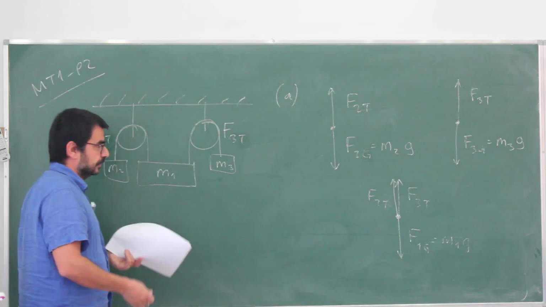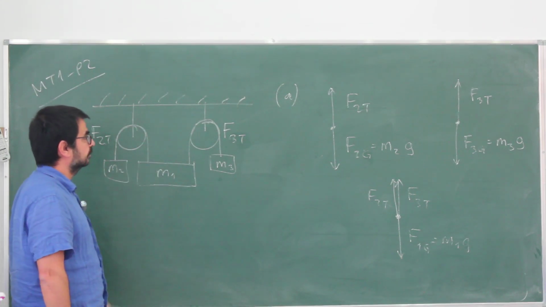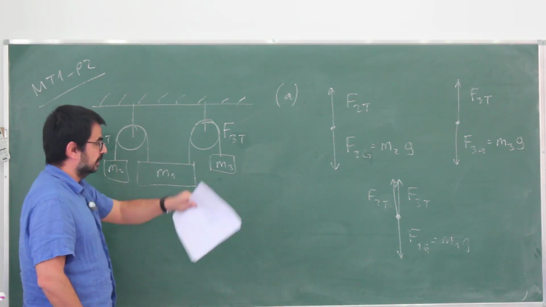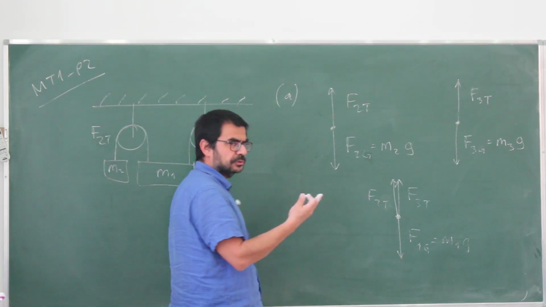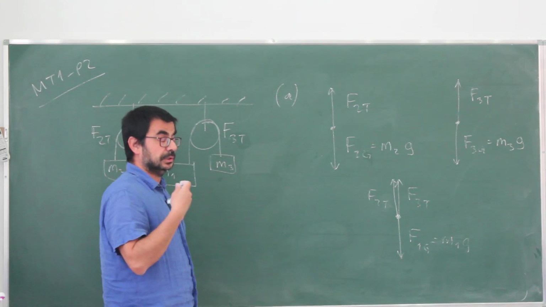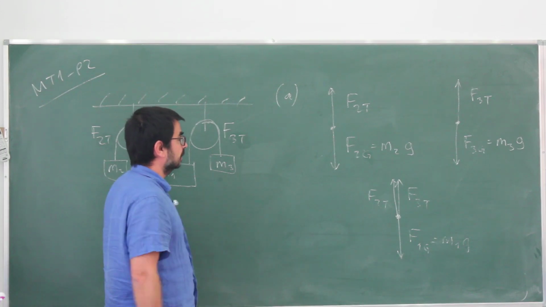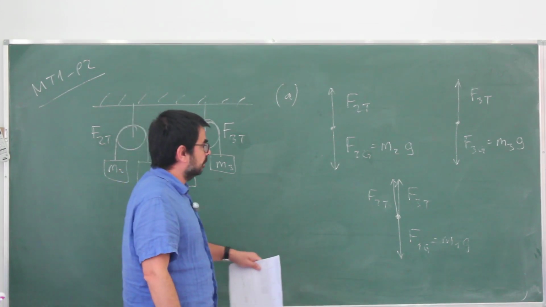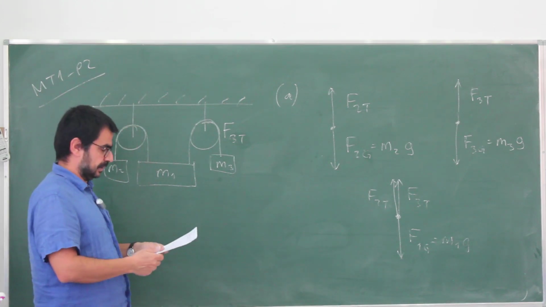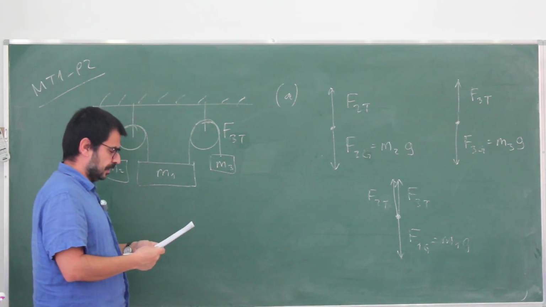I just drew it that way. Possibly one of these masses is larger than the other, so there is no symmetry between left and right. You should not pay any particular attention to their length, because you don't know anything about the problem, but you might as well write that these are not necessarily equal to each other. This is just the free body diagrams.